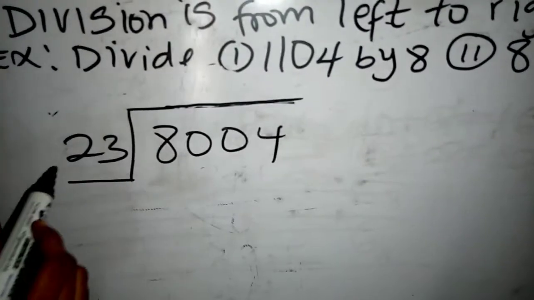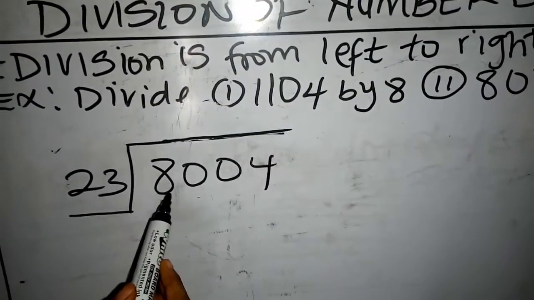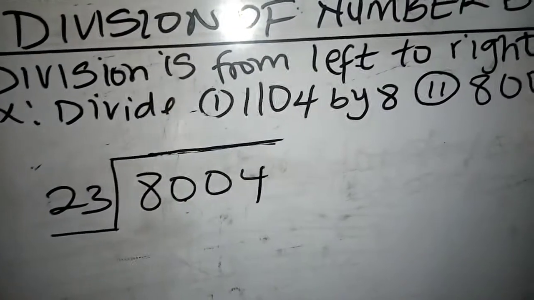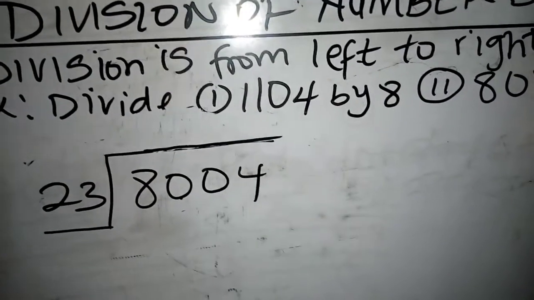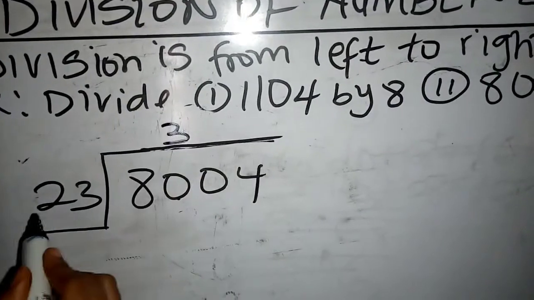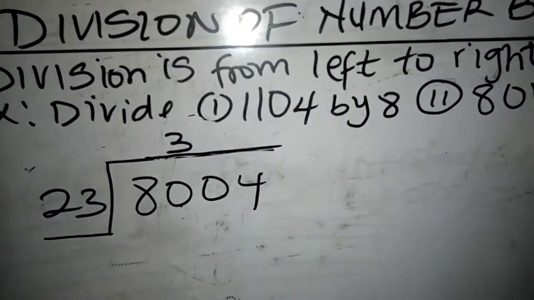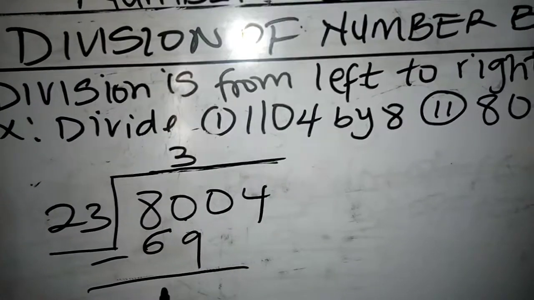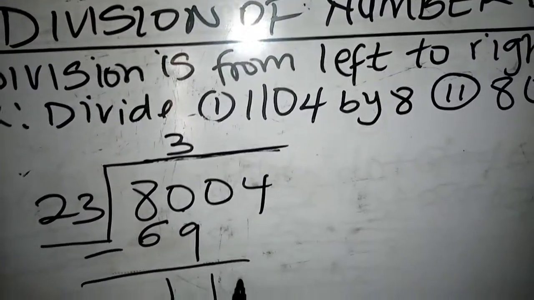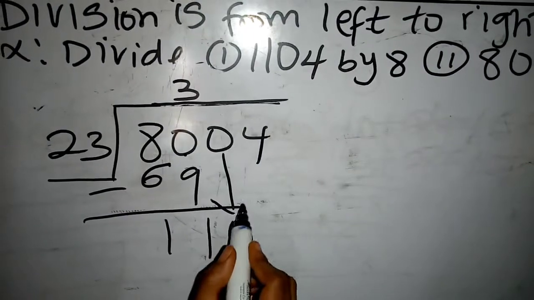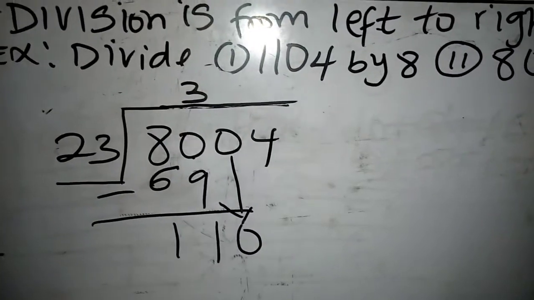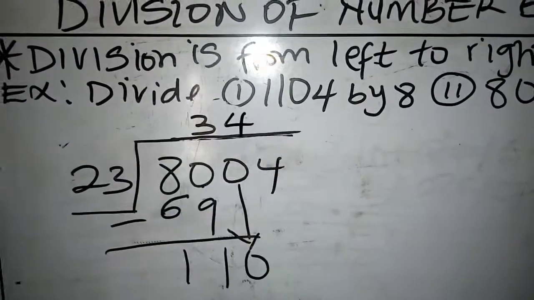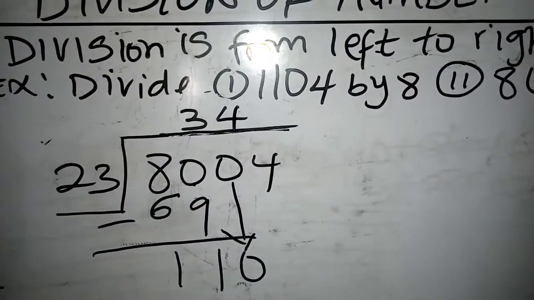Divide 8004 by 23. So 23 in 80 will give us 3. 3 times 23 is 69. So you subtract, that is 11. Bring down the 0. 23 in 110 is 4. 4 times 23 is 92.